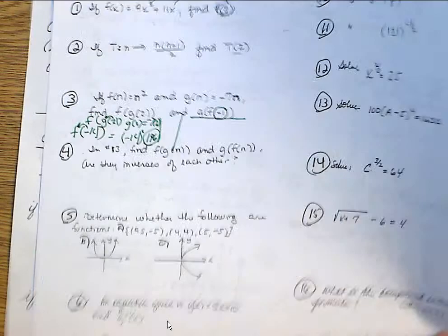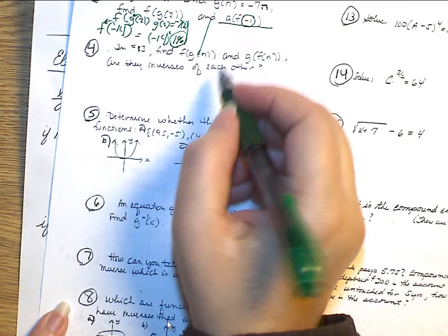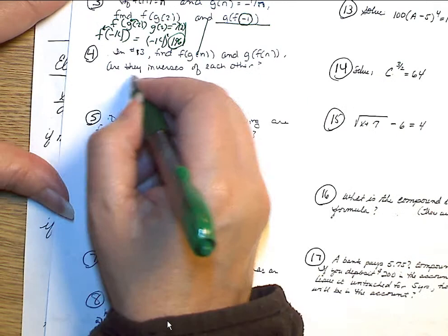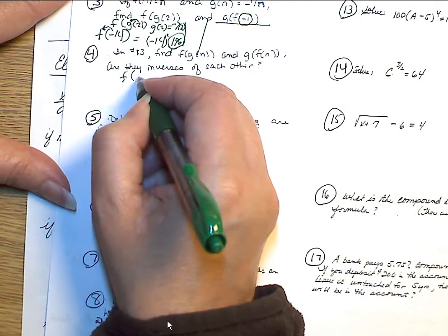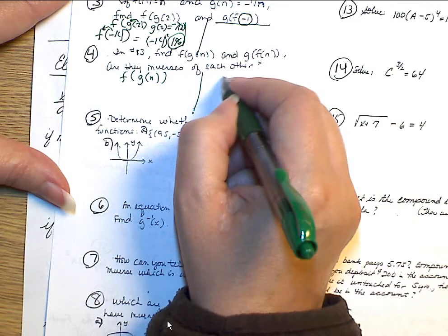All right. Bless you. First of all, it says number 4. Again, I'm going to do one of them, and then I want you to do the other. The 2 of them are f of g of n, and then the other one is g of f of n.